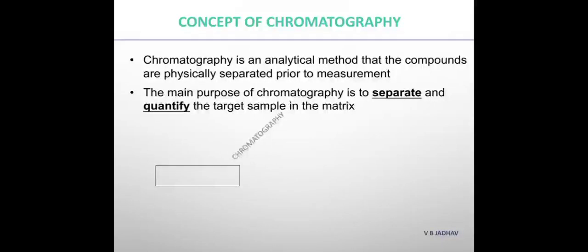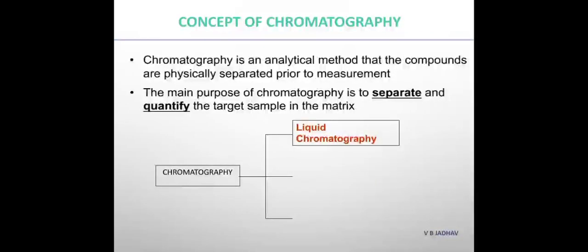Chromatography is basically classified into three classes according to the stationary phase and mobile phase we are using. The first class is liquid chromatography, in which the stationary phase is solid or liquid and the mobile phase is liquid.